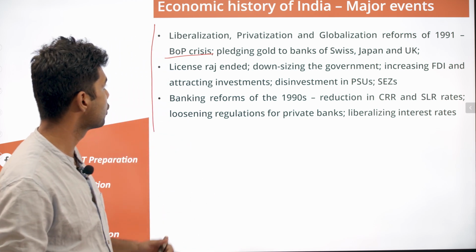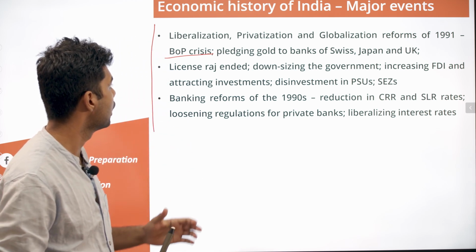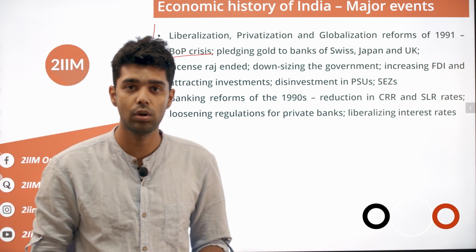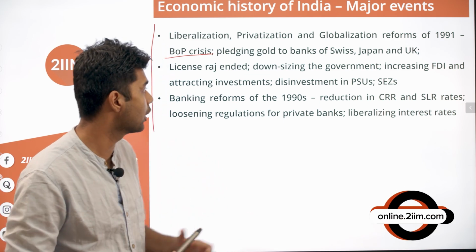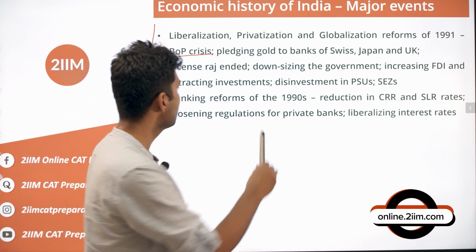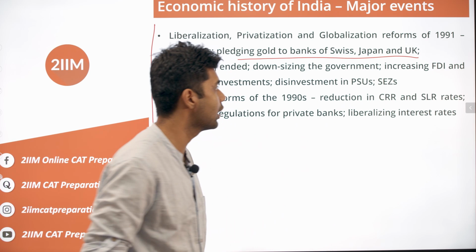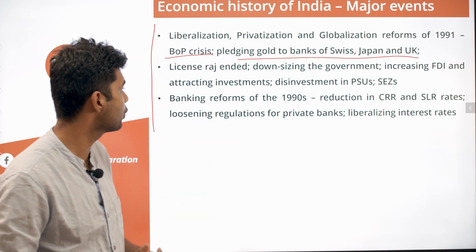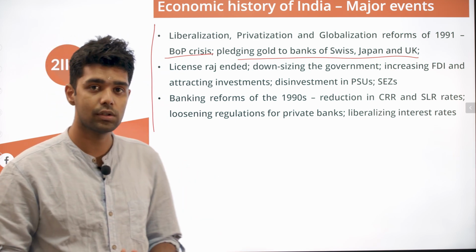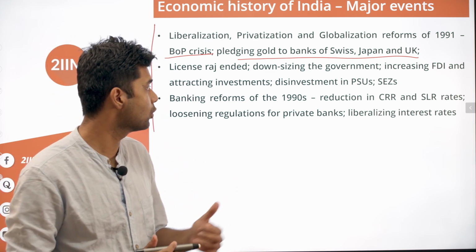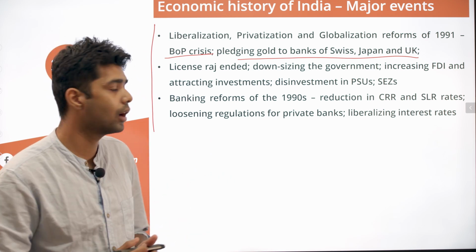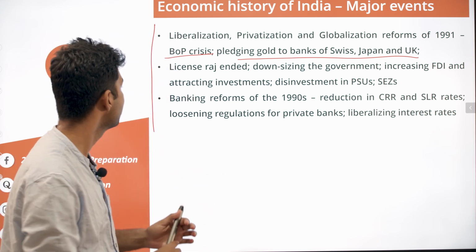So to tide over the balance of payment crisis, India was forced to pledge gold to banks of other nations so that it could get loans. So India pledged gold to the banks of Switzerland, Japan, and UK. Shiploads of gold were actually sent to these countries, and then a loan was acquired. Under the conditions, the gold was for collateral. We bought it back eventually, but under the conditions of the loan, India had to liberalize. So that was one major point.